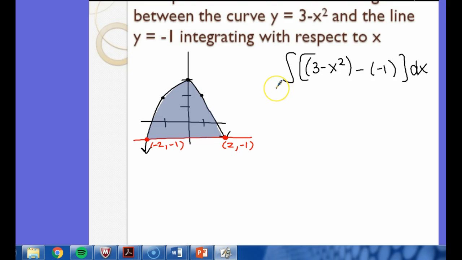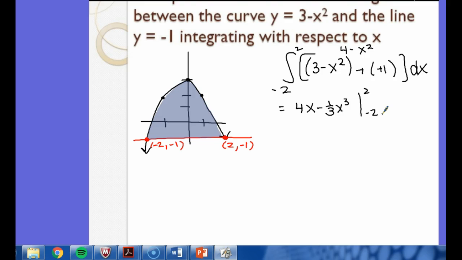And you'd be integrating from -2 to 2. So it becomes positive. What's 3 plus 1? 4. So really you could change this to 4 minus x squared too, so that you don't have two constants. So your antiderivative would be 4x minus 1/3 x cubed, and you're plugging in from 2 to -2.